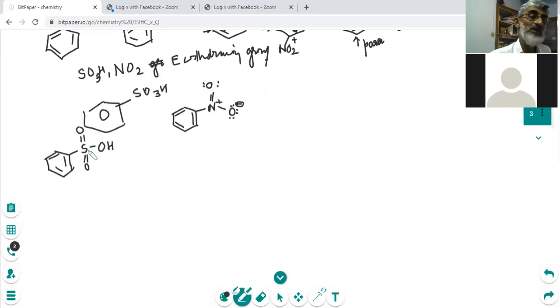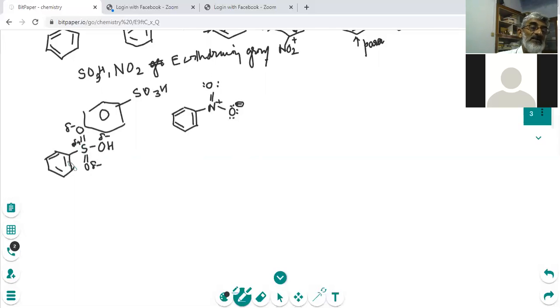Sulfur is more electropositive than oxygen, therefore the electrons are attracted towards the oxygen atoms. You can see here the sulfur is highly electropositive, delta positive, and here delta negative, here also delta negative, here also delta negative. This combined effect will make the sulfur highly electron deficient, delta plus plus plus.